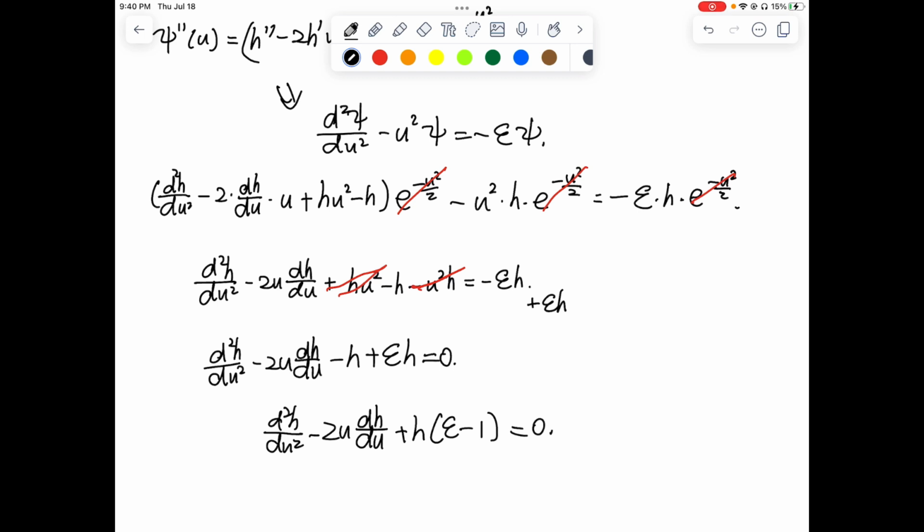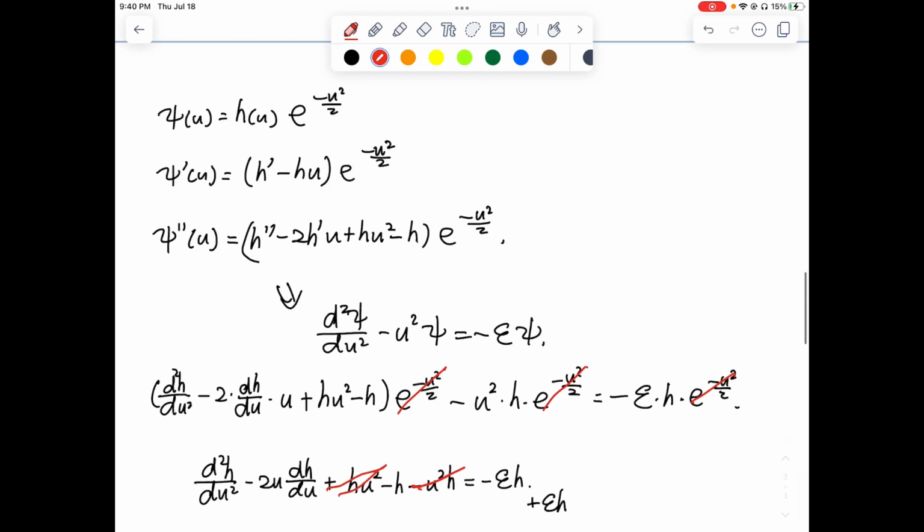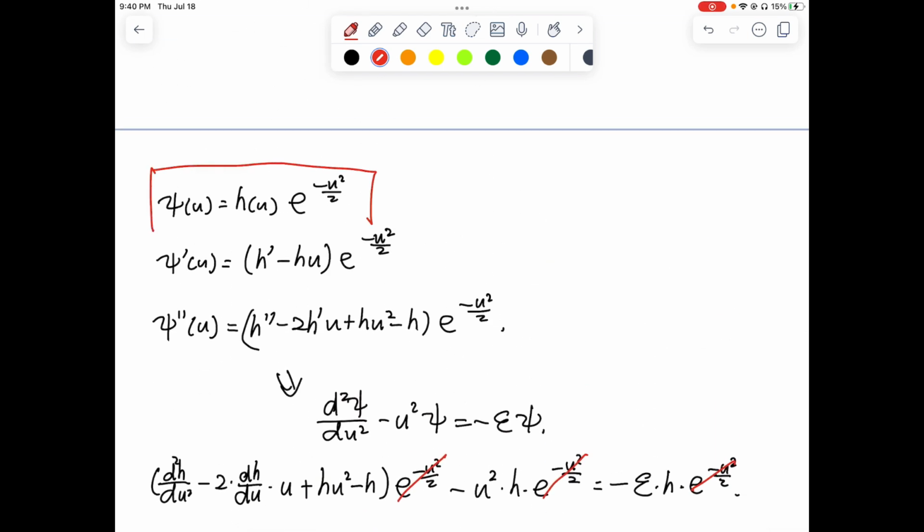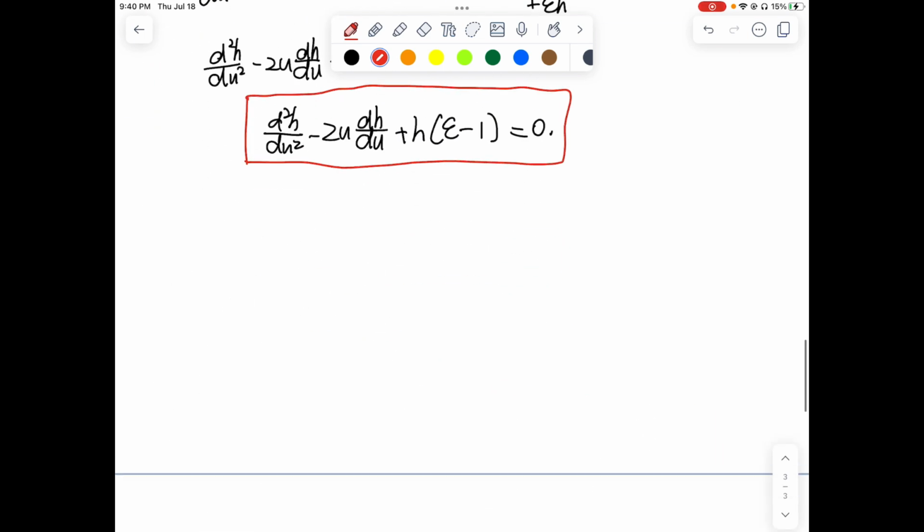And yay, we get a new Schrodinger's equation. This is our new Schrodinger's equation, and we still don't know what h is. So we want to do a power series expansion of h and see what it is.